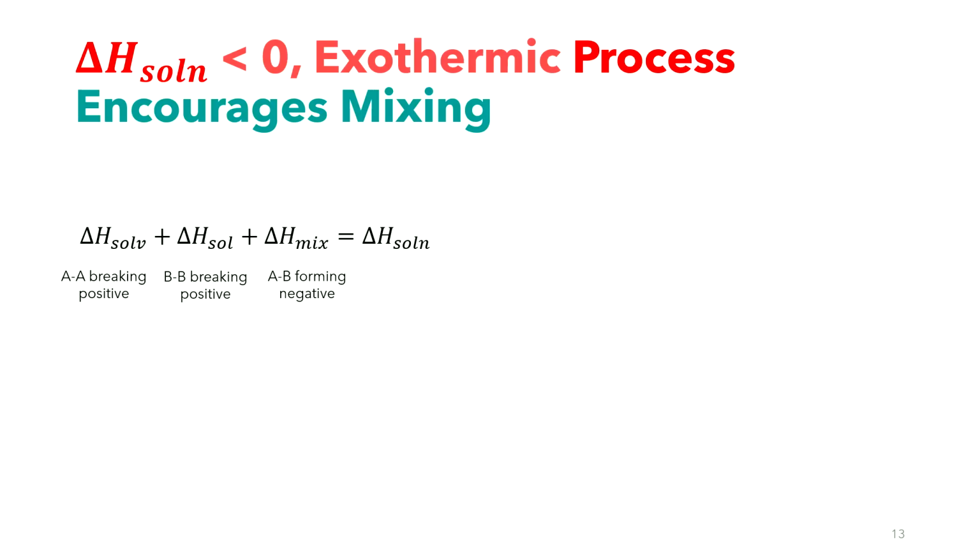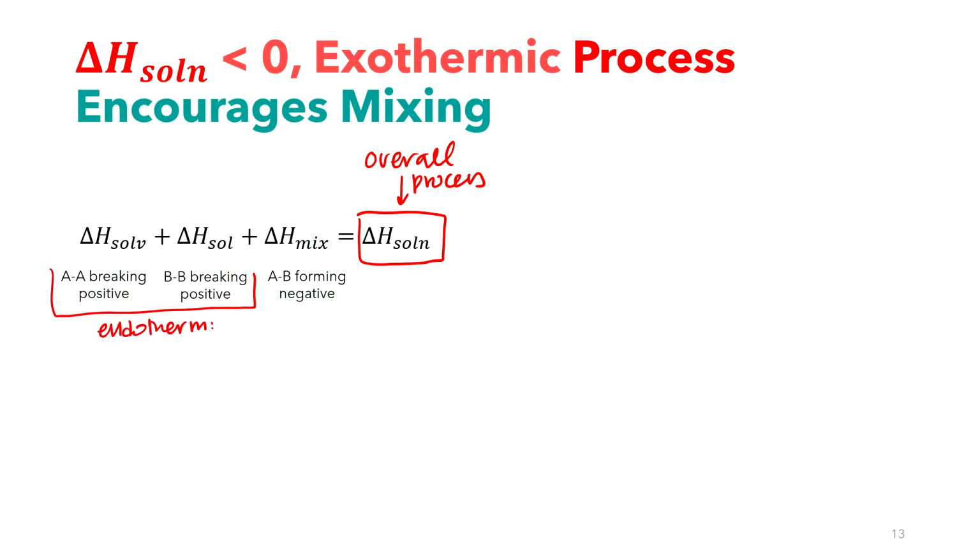We are interested in the overall process, delta H solution. We just looked at delta H of the solvent, that was my AA. Delta H of the solute, that was my BB. Both of these are positive. These are always going to be endothermic. And then we have delta H mix.